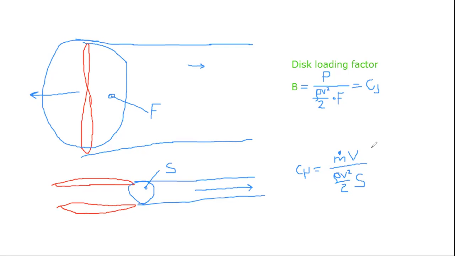So when you change scale from the real aircraft to a scale model for the wind tunnel, firstly you change this F. If you have 10 times scale, for example, a real aircraft with 10 meters wingspan and a wind tunnel model with 1 meter wingspan, the area of the propeller disc changes as the scale squared.